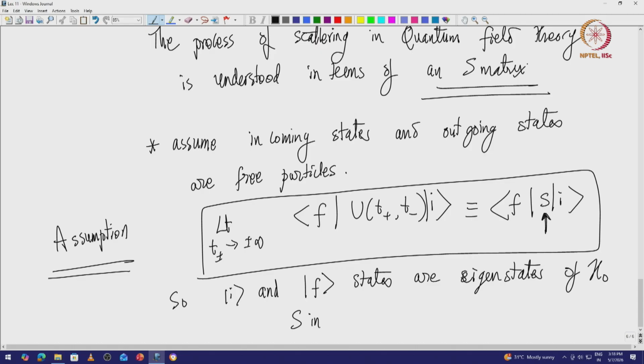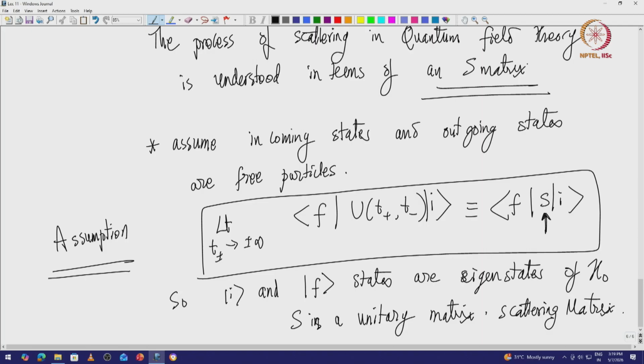S is a unitary matrix which is also called the scattering matrix. So, for all practical purposes S is nothing but your L interaction, or H interaction.